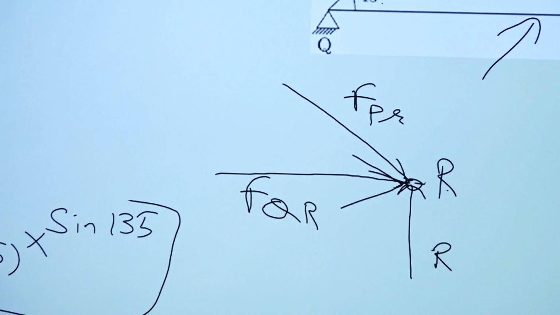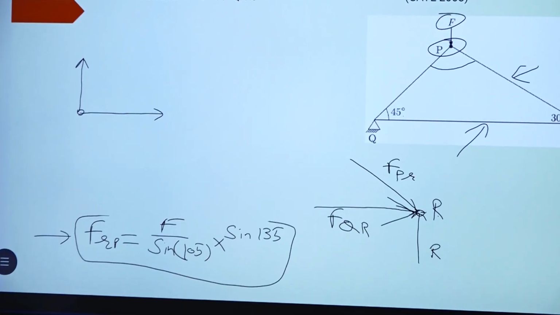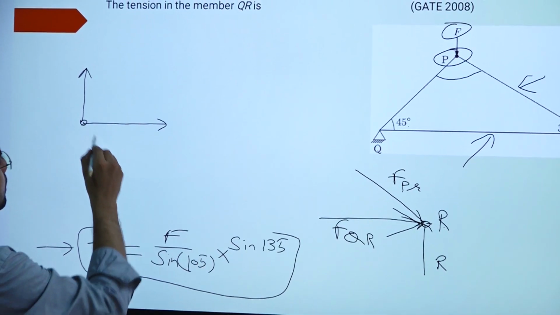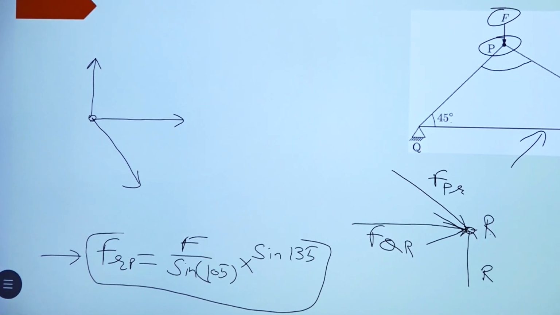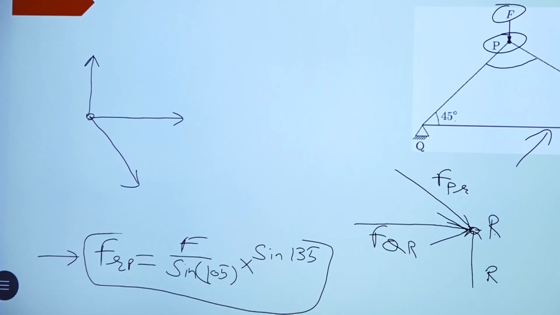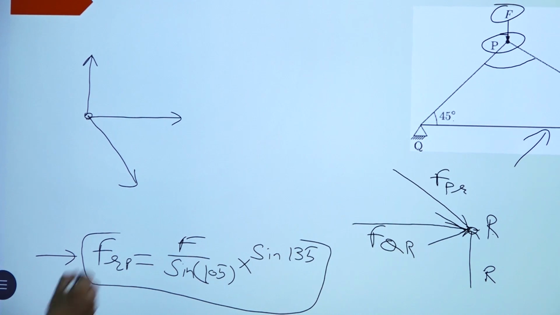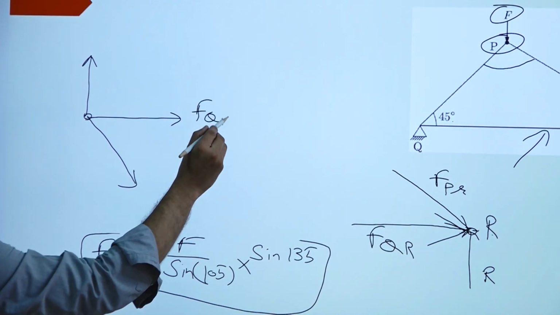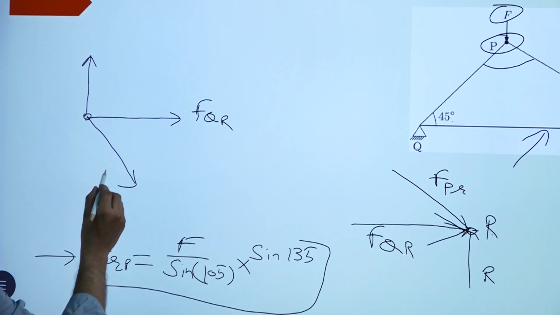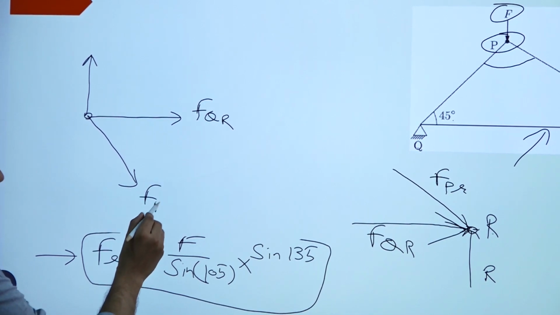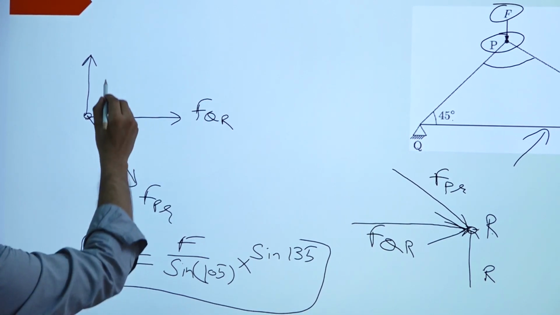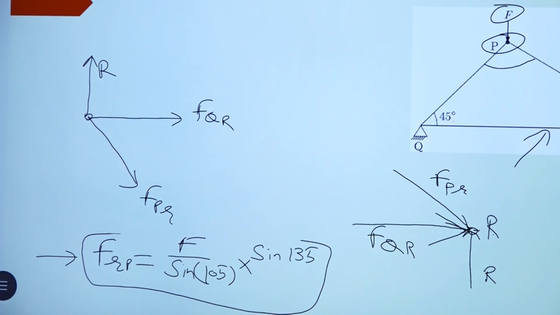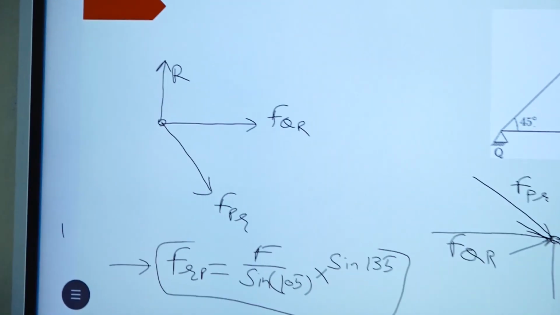I will take this force FQR like this here. Okay, I will take FPR like this here. Okay, so now I have to find out FQR. Right, and we need to find out the angle between the forces.